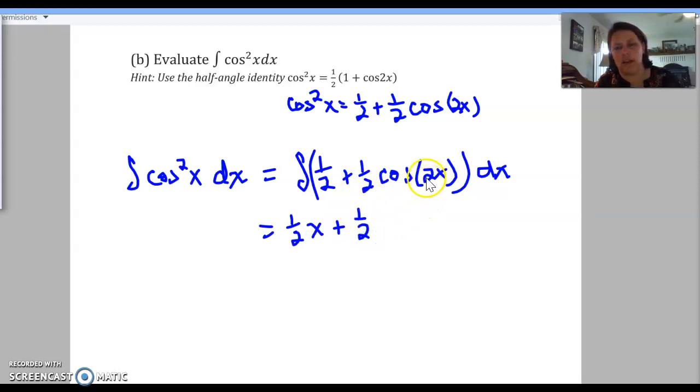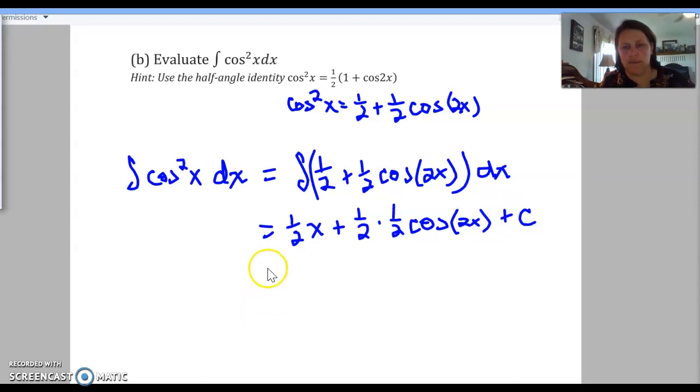And then we're going to end up with a 1/2 from inside here also for our chain rule. So 1/2 times 1/2 cosine of 2x. And then plus c. So final answer is 1/2 x plus 1/4.